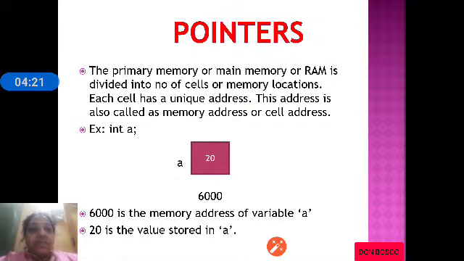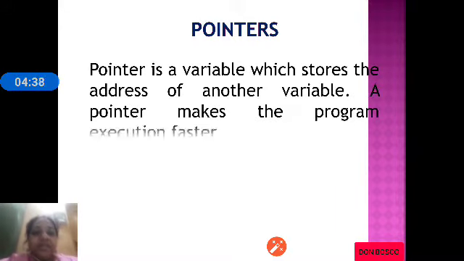A pointer stores the address of another variable. That means it is possible to store the address of A in a pointer. That is, a pointer is a variable which stores the address of another variable. Pointer makes the program execution faster.